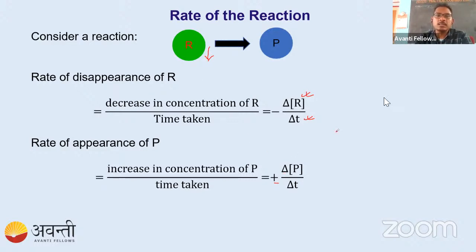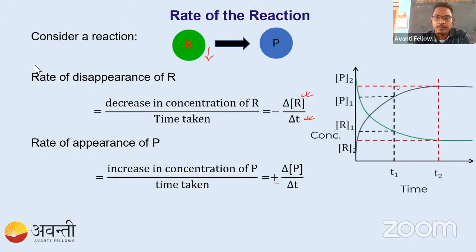Now if you see this graph, this dark blue one, is its value reactant or product? Actually, this one is the reactant, its value will be decreasing.